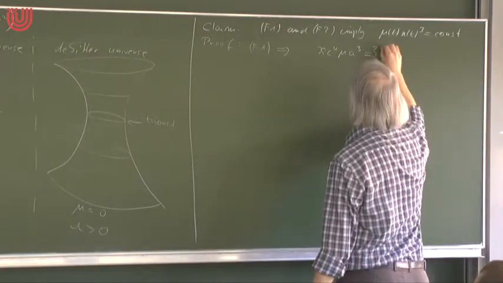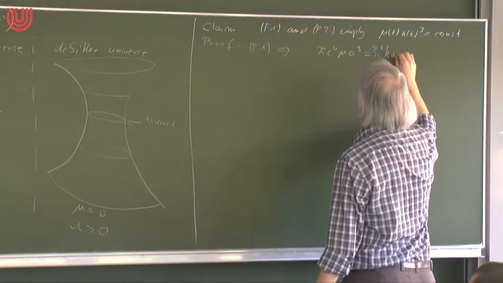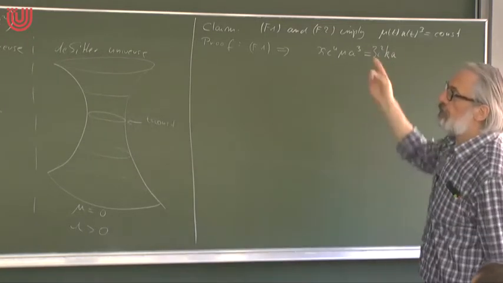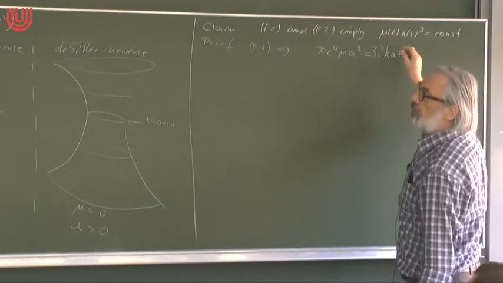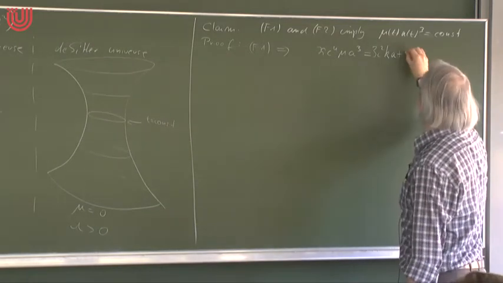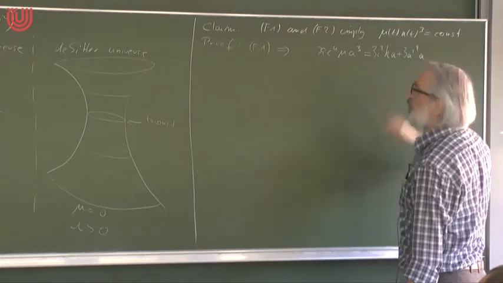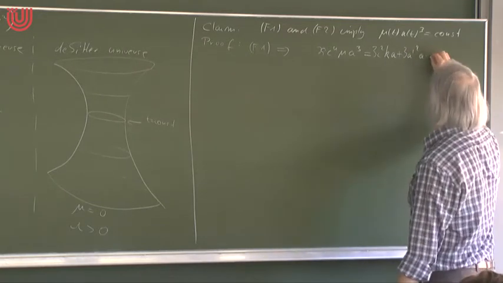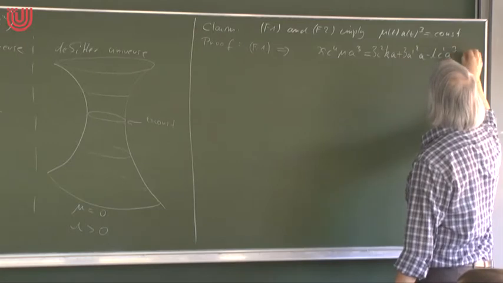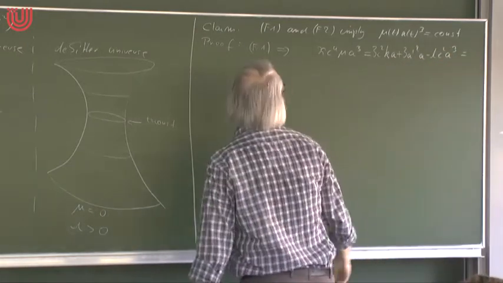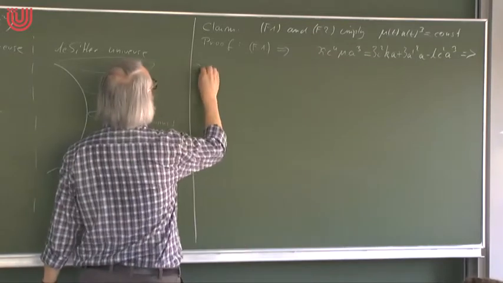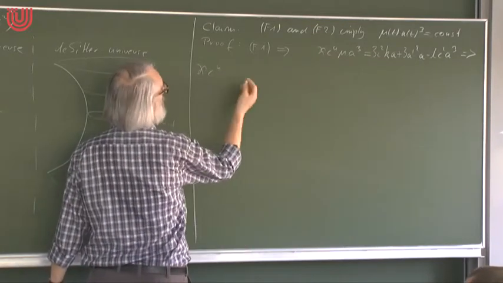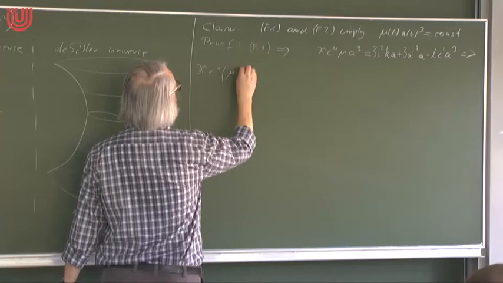Then I get 3c squared k times a, since A cubed over A squared is a, plus 3 a prime squared a minus lambda c squared A cubed.